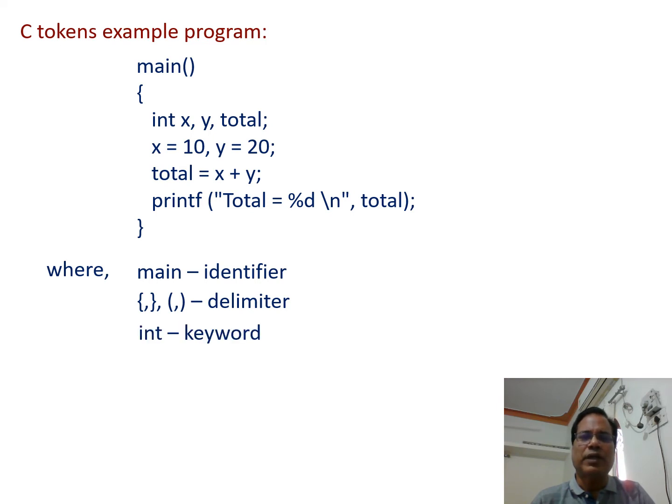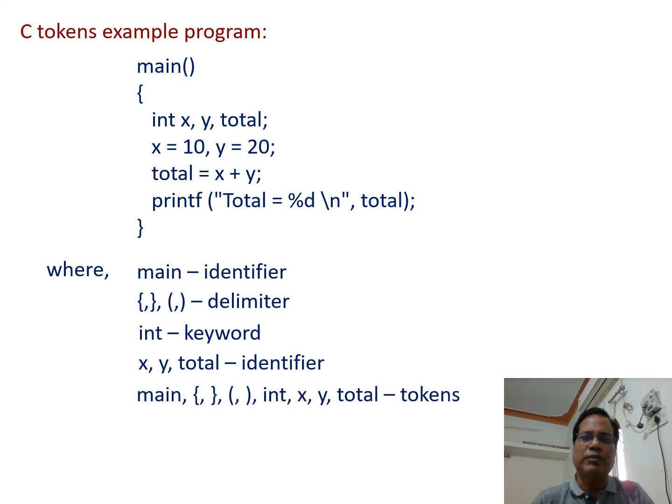Int is the keyword. x, y, total are identifiers because these are names of variables. So all these together, whether it is main, open brace, close brace, int, x, y, total, are called tokens. So every smallest unit used in a C program is called a token or C token.